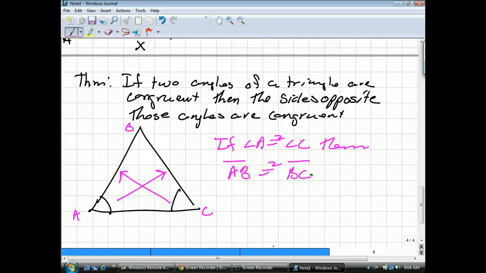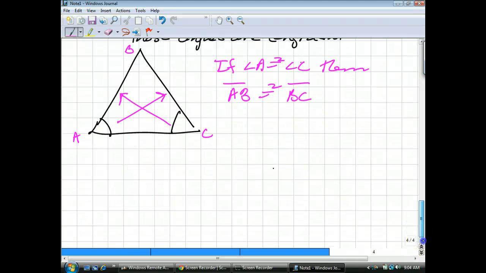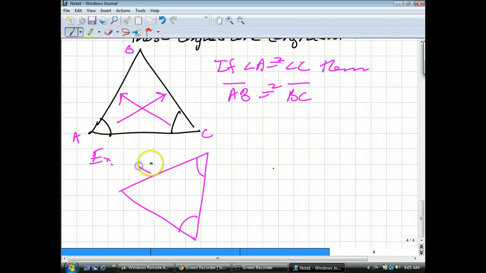So first of all, if I have this triangle, and I know this angle is congruent to this angle, and this side is 3x minus 2, and this side is 16, can we find the value of x?